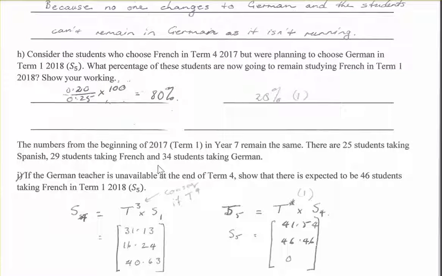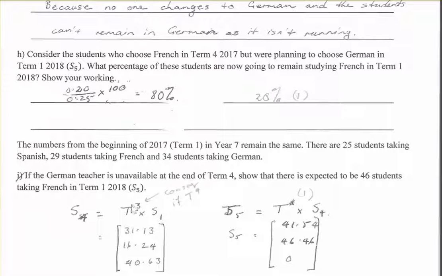Now, to get from term 1 to term 4, you're given S1, so there's only 3 transitions, not 4 transitions. If you're going from term 2, term 3, term 4, you see there's only 3 steps. So you have to be careful with what your power is. Now, why am I only calculating term 4? Because I'm after term 1 2018.